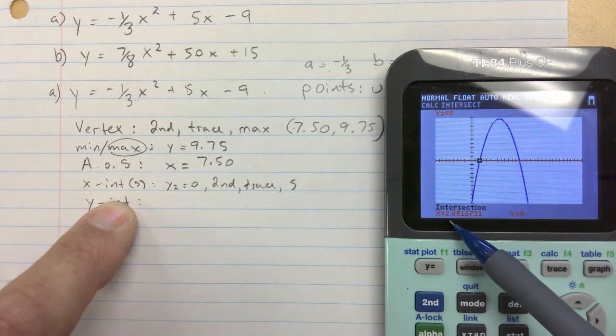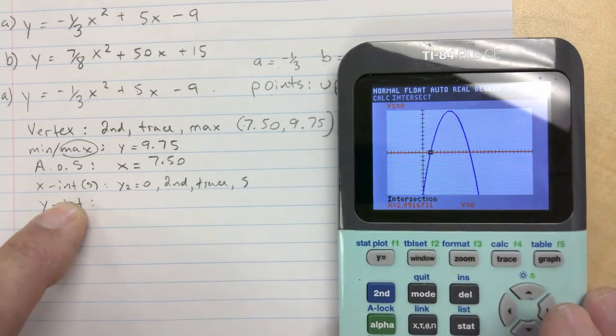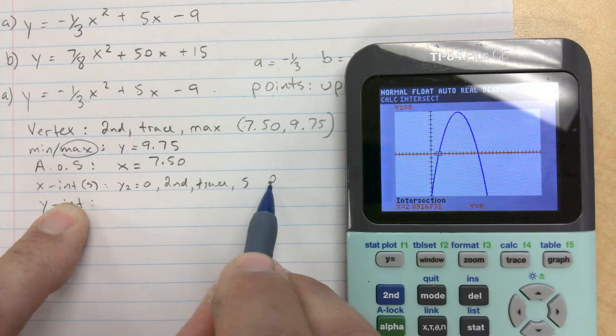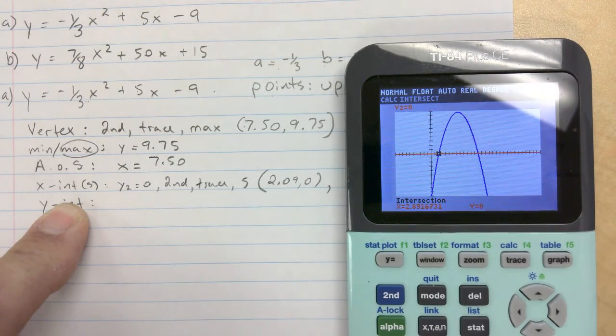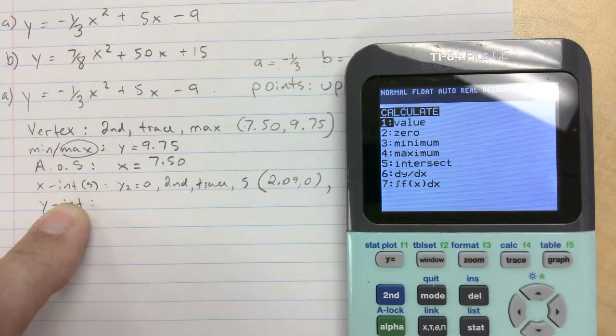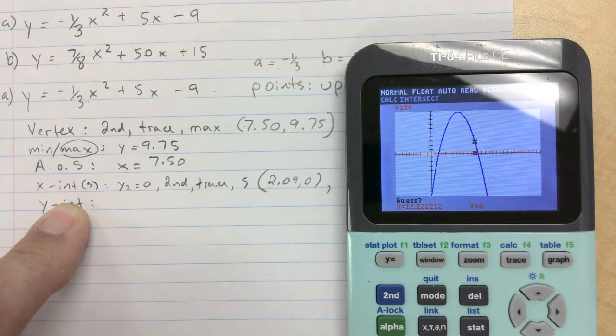So that's 2.090, so I'm going to write that down. 2.090 is my first x-intercept. And then second trace 5 again. Now I'm going to go over to the other side and then hit enter, enter, enter. And that is 12.910.